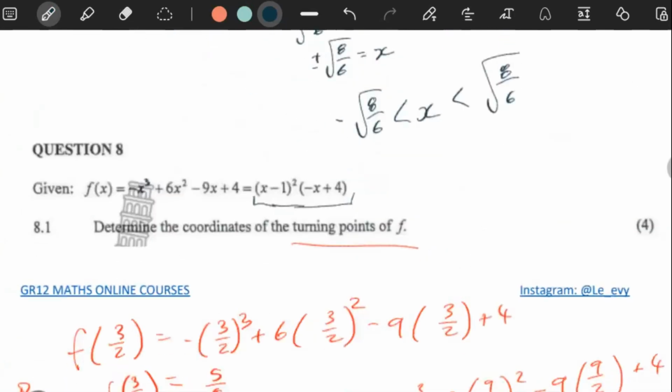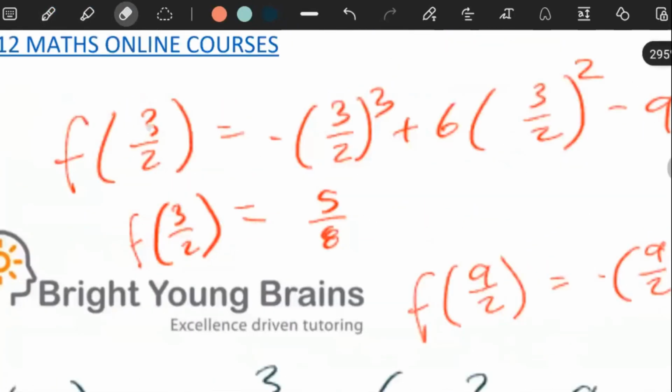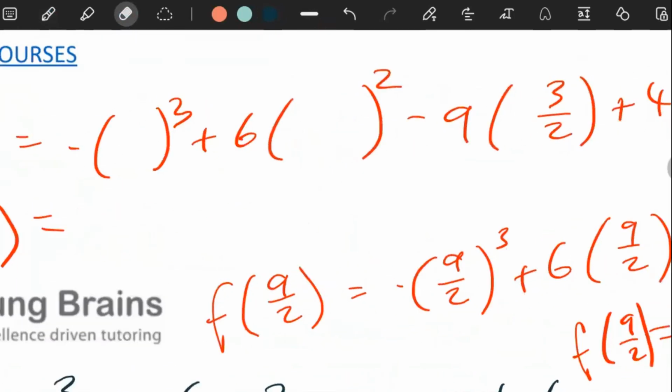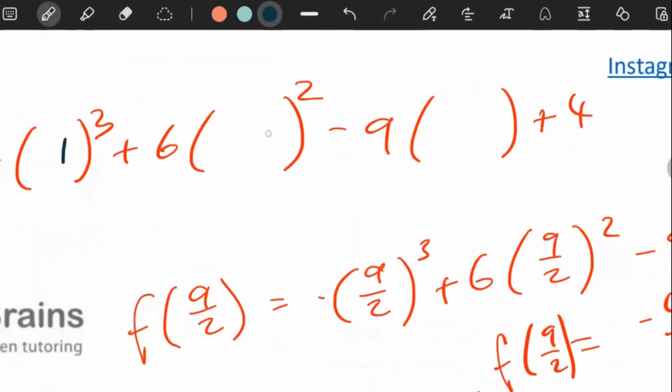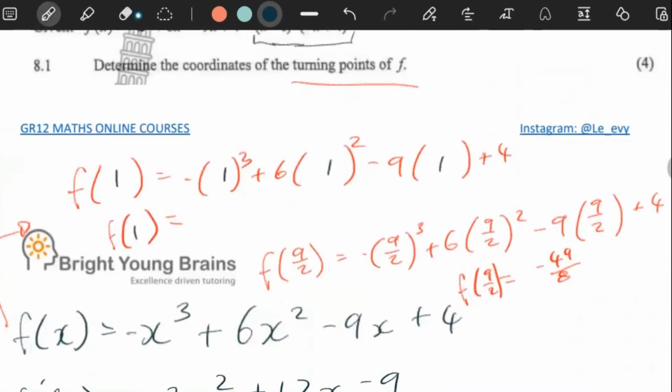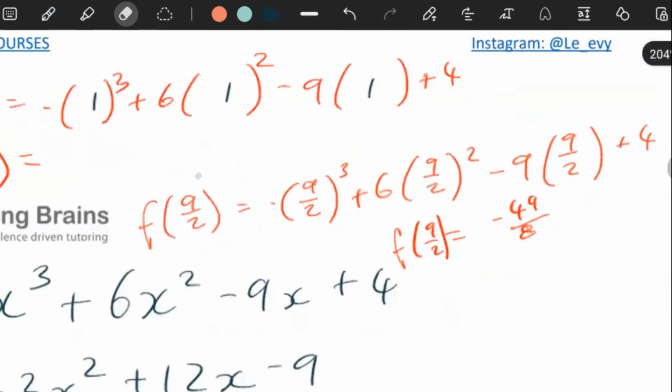So we can replace all this with 1, and then all these here I have to replace with 1. And in the other one, we can replace them with 3.